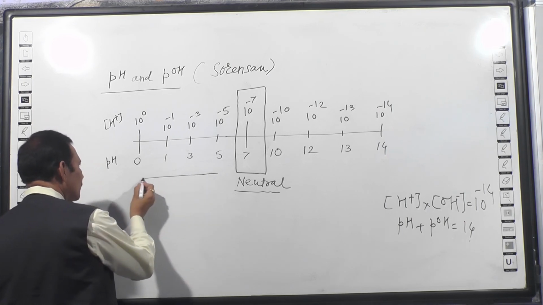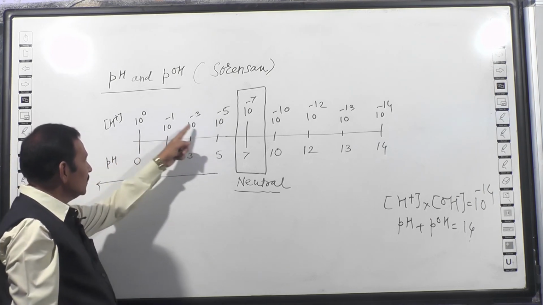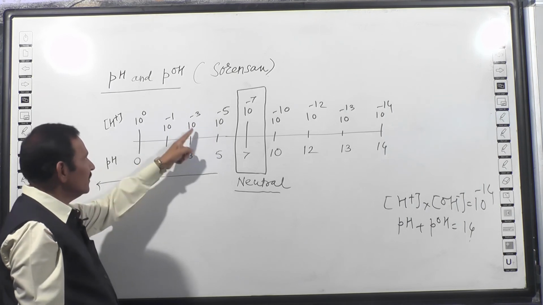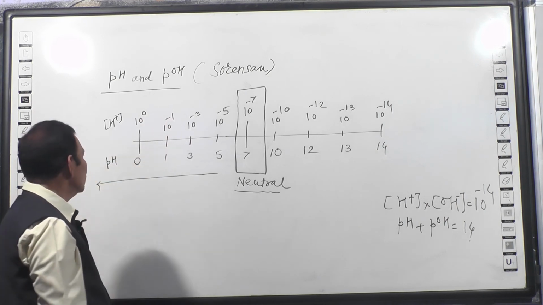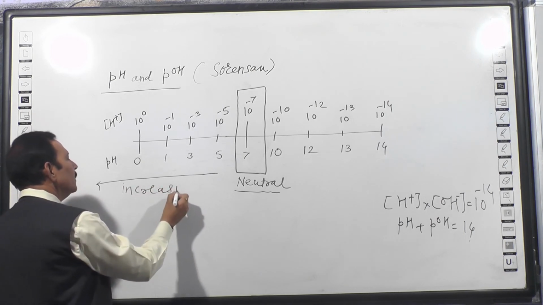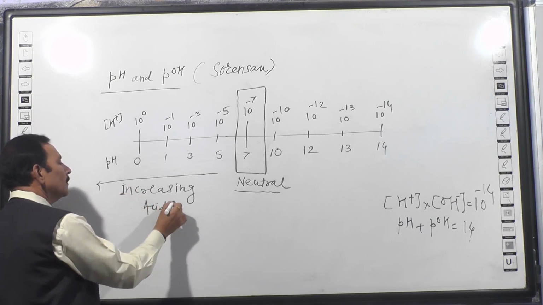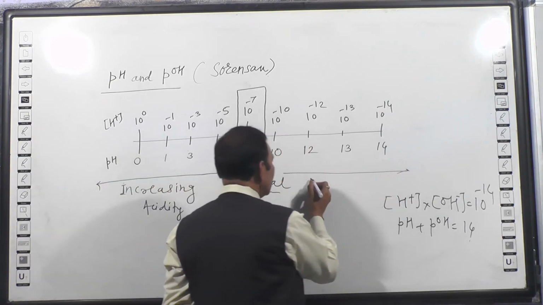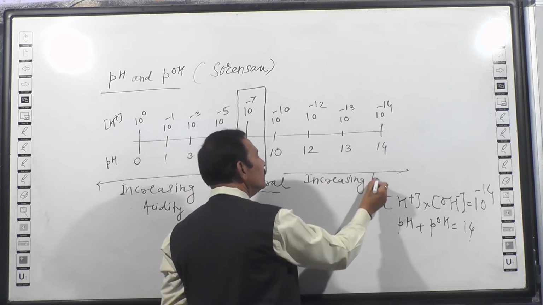Now here the pH values are decreasing, H plus ion concentration increasing, minus 3 is greater than minus 5, minus 1 is greater than minus 3, and 10 to the power 0 is greater than 10 to the power minus 1. So here increasing acidity, and here increasing basicity.